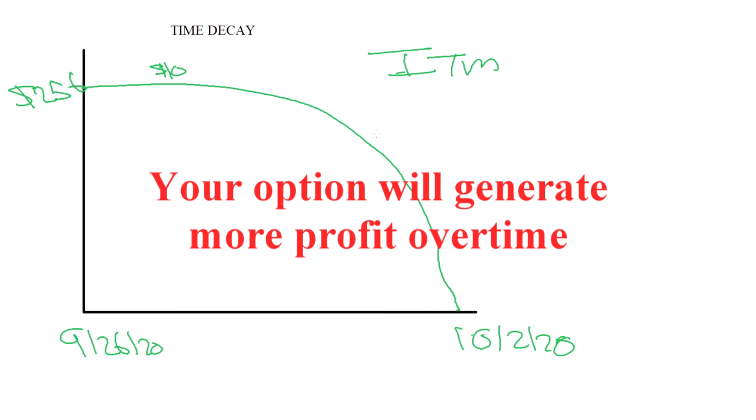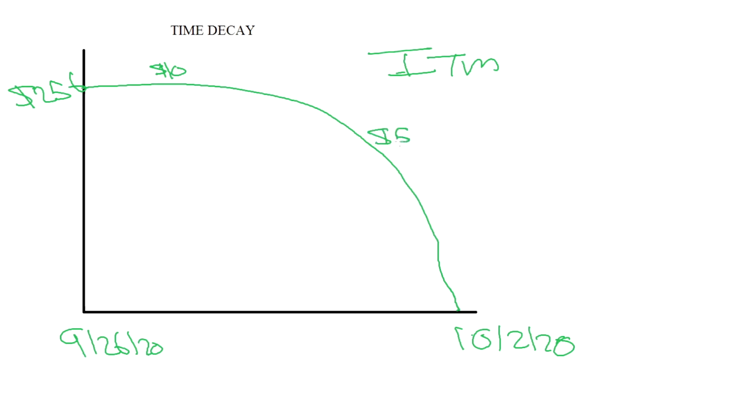Then over time, if you're in the money a bit later on, now it's worth $50. But on expiration date, time decay takes effect, and now you have a profit of maybe $150 for your contract. So over time, your contract just starts to be worth even more as long as it's in the money. But for the opposite, if you're out of the money, your option starts to expire worthless.